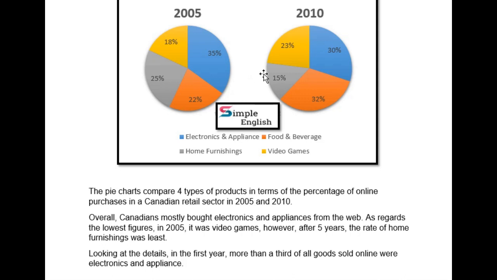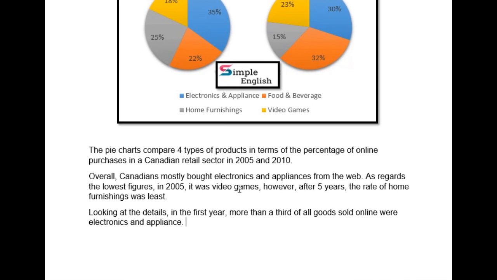That's it. So in the first year, more than a third. So a third is 33%, and more than a third is about 35%. Were electronics and appliance. So let's go to the next sentence.